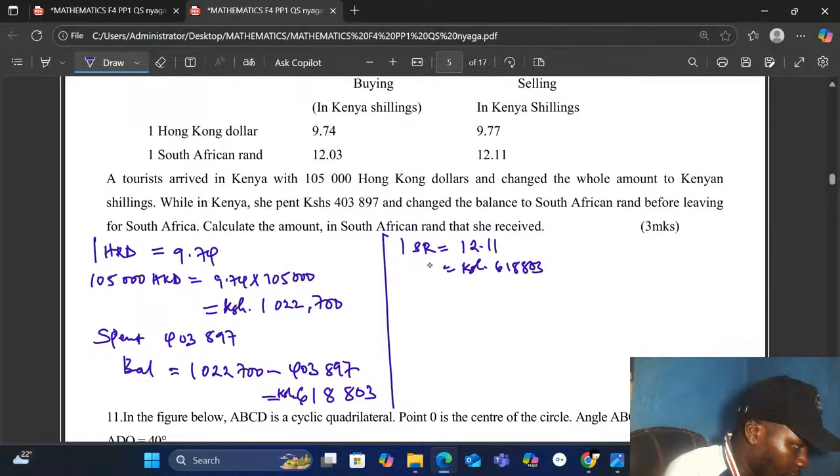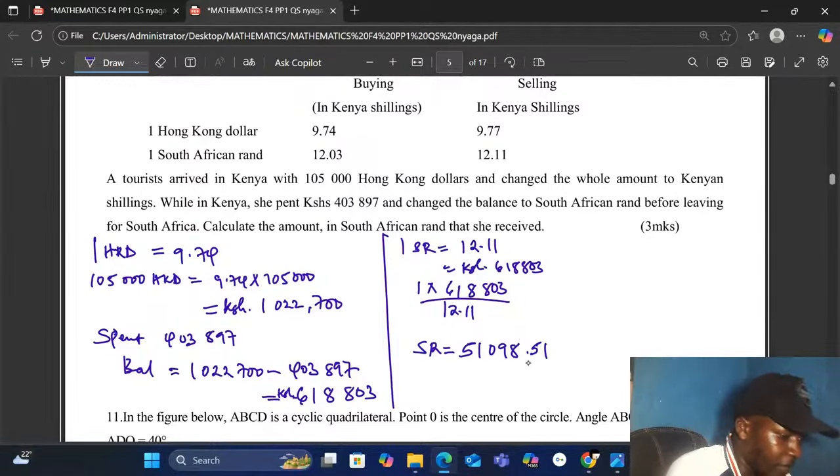We now cross multiply, so that we have 1 times 618,803, then we divide by 12.11. So the amount in South African rand will be equivalent to 51,098.51.